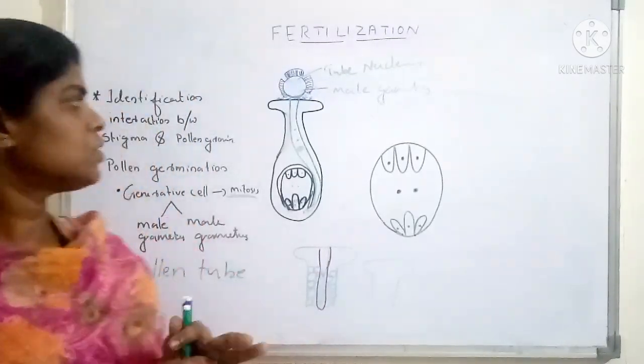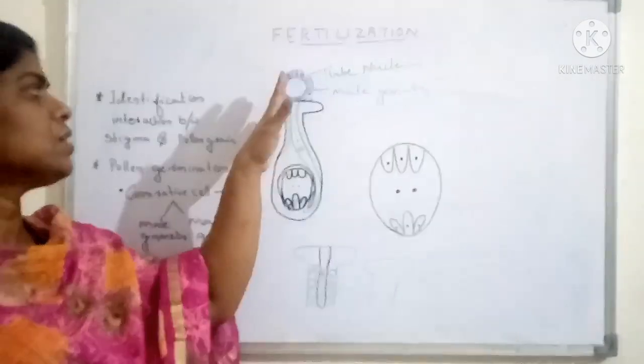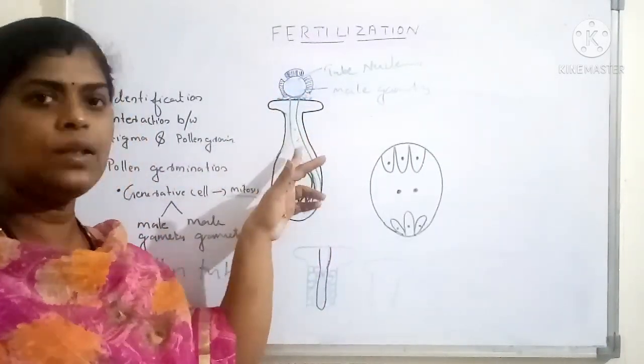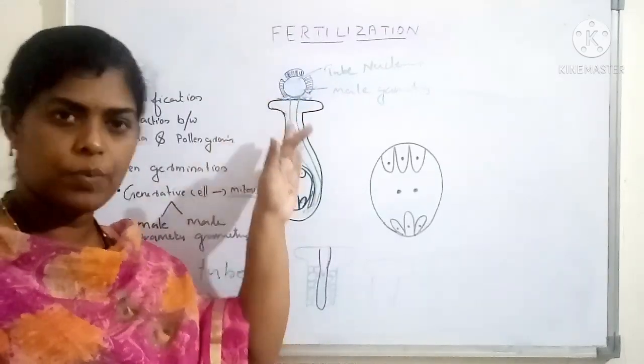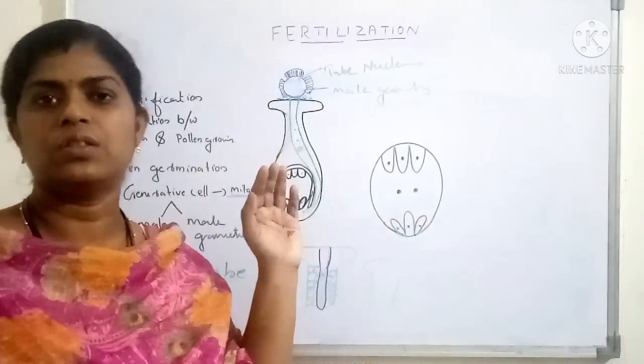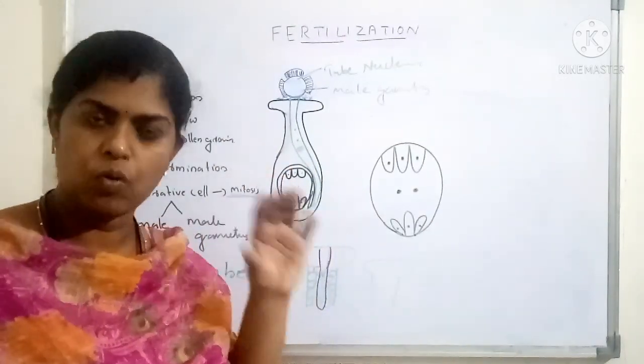Have you understood? So the pollen grain starts its germination and forms the pollen tube. Sometimes the style is packed with cells, meaning it is not hollow.